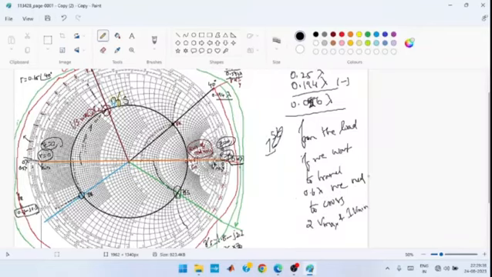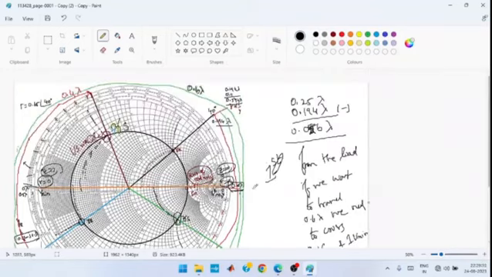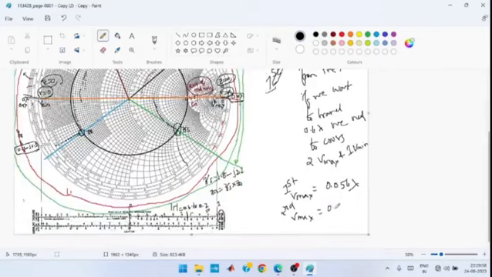So what is the location of the first V max? That is 0.056 lambda. What about the second V max location? Any idea? See, this is 0.056. If you have to come again to the same point, V max, just add 0.5 lambda to 0.056 lambda. So what is the value? 0.556 lambda, right? So this is the second V max.